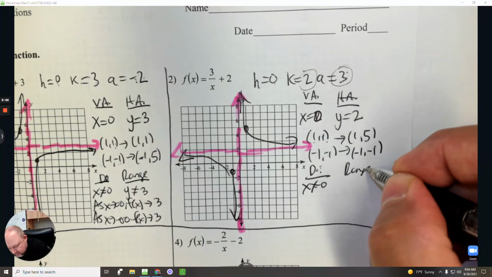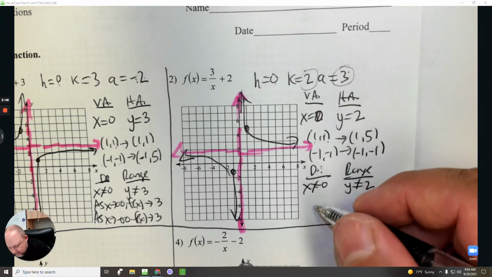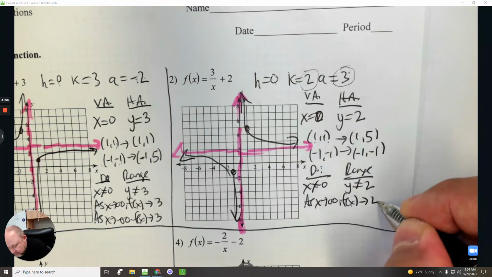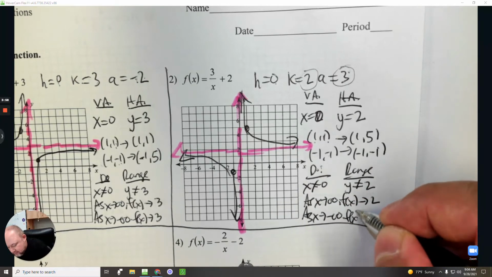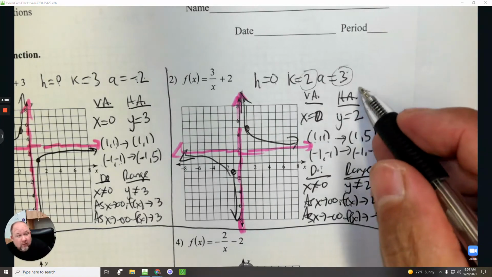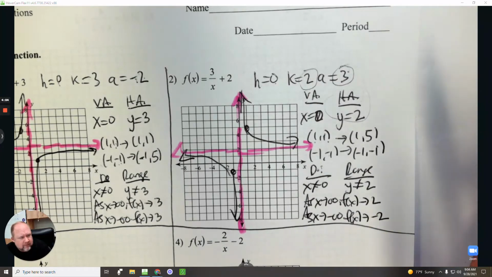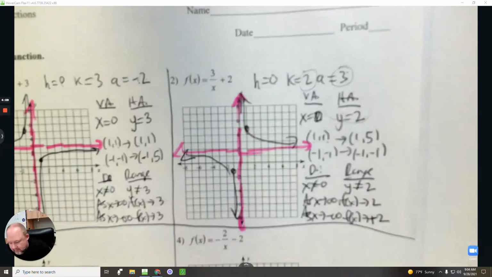The range, y cannot equal 2. And then the end behavior. So as x approaches infinity, the function approaches 2. As x approaches negative infinity, the function approaches negative 2. So it always goes with the horizontal asymptote or what k equals. Oh, did I say negative 2? This should be positive 2. There it is. All right, number 3.